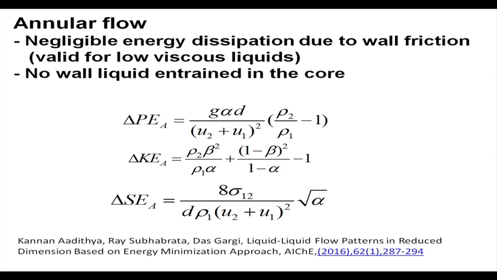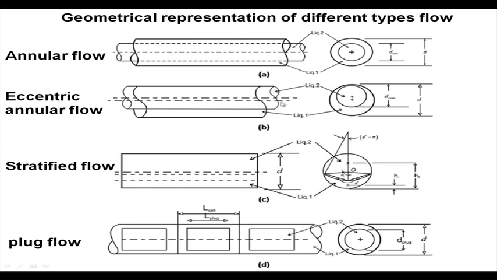Similarly, we have performed the analysis for eccentric core annular flow. As is evident, the kinetic energy and the surface energy terms are going to remain unchanged for the eccentric core. The only thing which changes is the potential energy term. Why? Because the center of gravity shifts in this particular case.